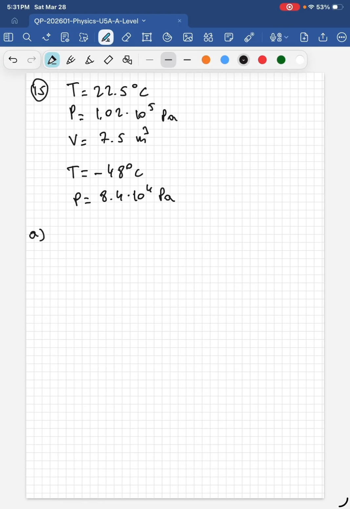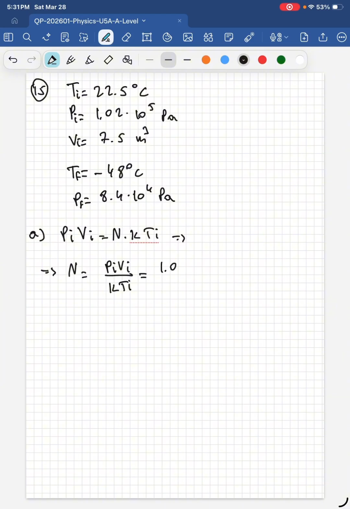Okay, so for A, the initial pressure times the initial volume is N times k times the initial temperature. So this is Ti and this is Tf, initial and final. We need to find the number of particles first, because it's not given to us. So N is going to be Pi Vi over k Ti.